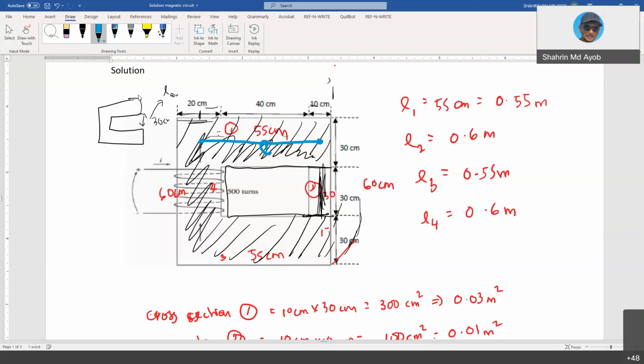So this is number 1. And then section 2 here. This is section 2. And then this is section 3, the air gap. And then another one here, section 4. And then another one, section 5. And then another one, section 6. So you have 6 sections, for example.